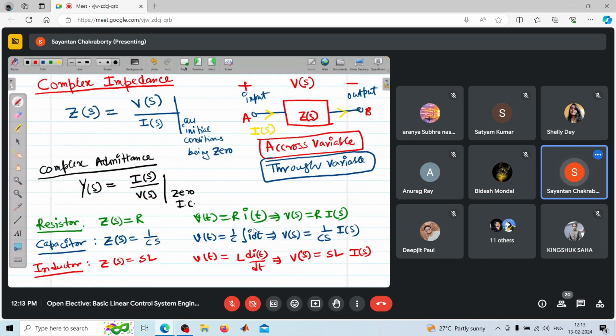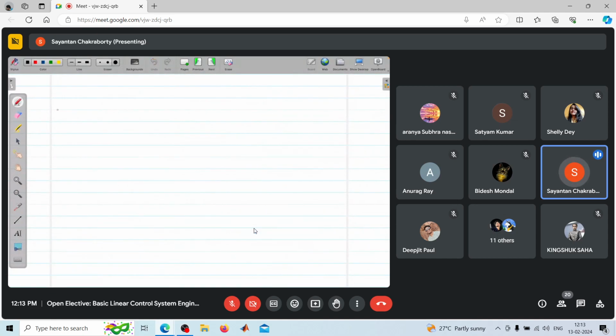And then what is the advantage? If you convert them into complex frequency domain and represent them in this form, just for the sake of simplicity, I'm taking this form where this is your Z1(s) and this is your Ei(s). See, each and every component is now transferred to its s-domain equivalent.